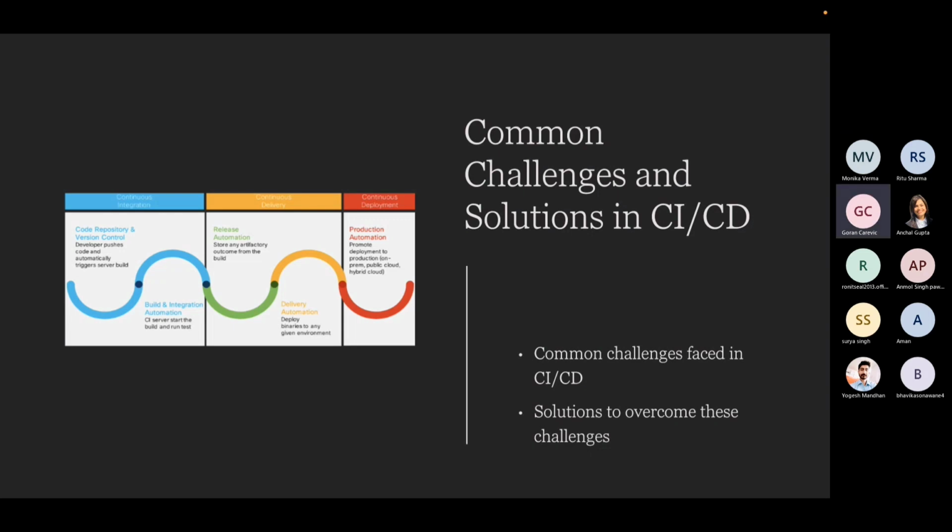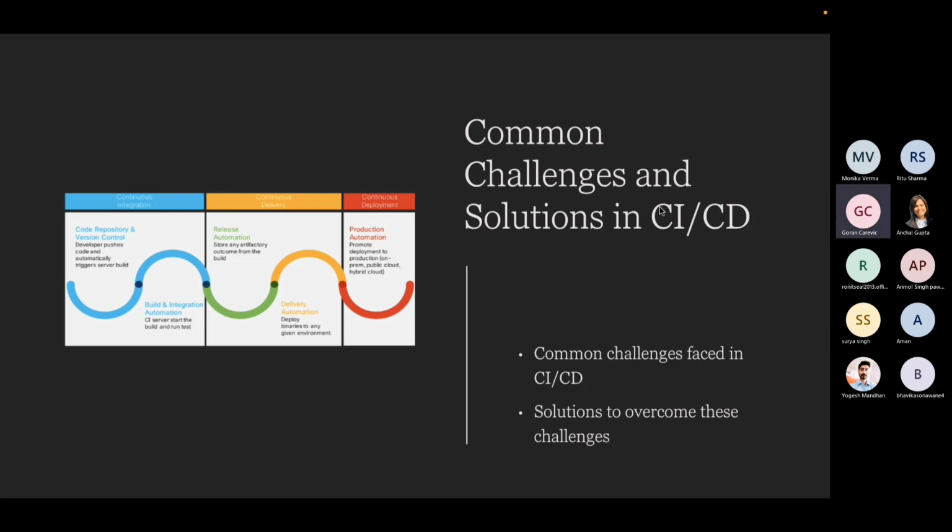To overcome this complexity, you can use managed CI/CD services and platforms which provide pre-configured pipelines and tools. Additionally, you can leverage DevOps training and resources to build your knowledge and skills for managing CI/CD pipelines.